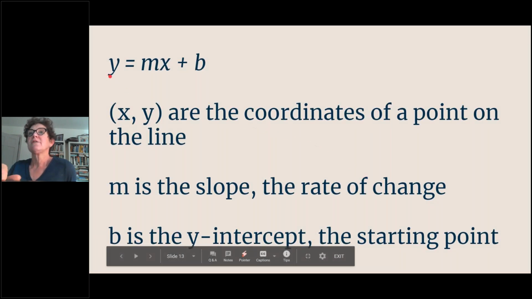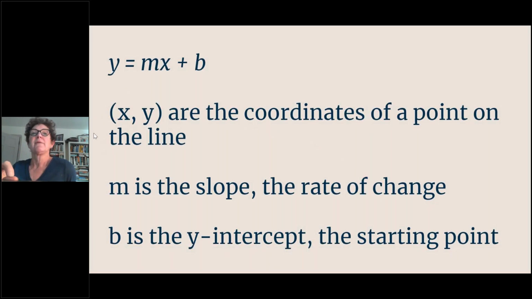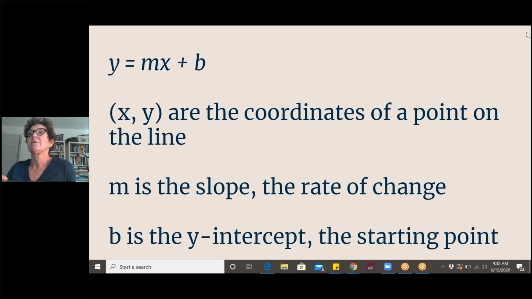So here's this equation again. Let me do this again because now it's in the way. y equals mx plus b. So this x and this y are the coordinates of a point on the line. They can be the coordinates of any point on the line.